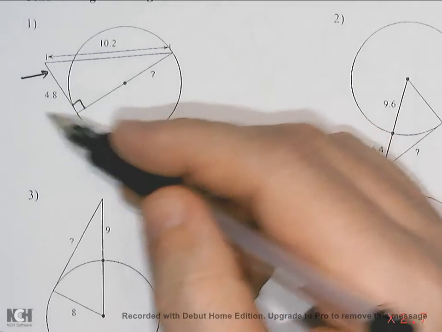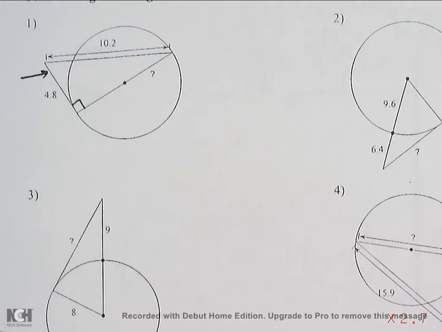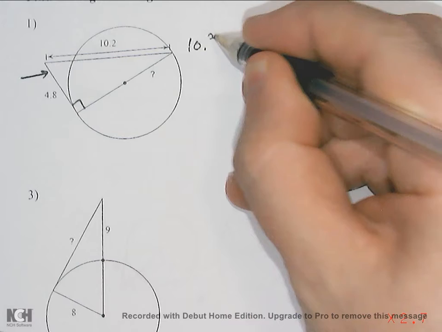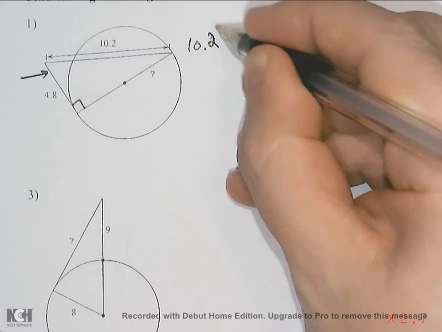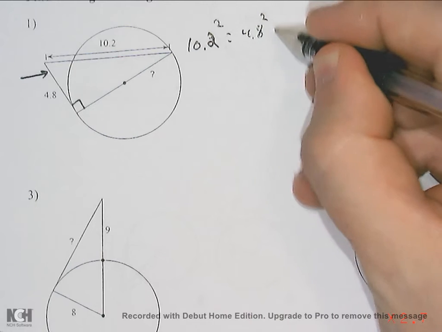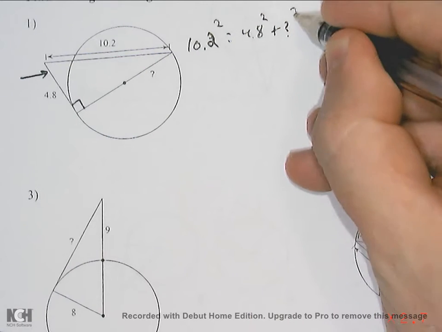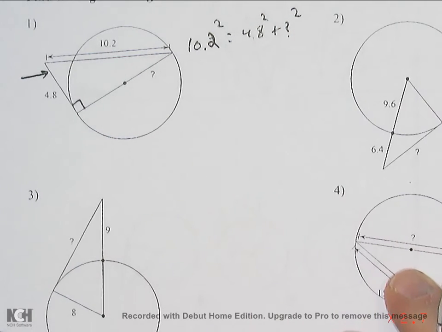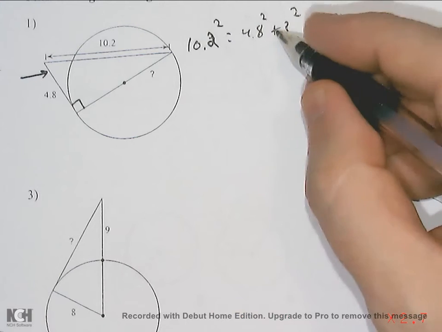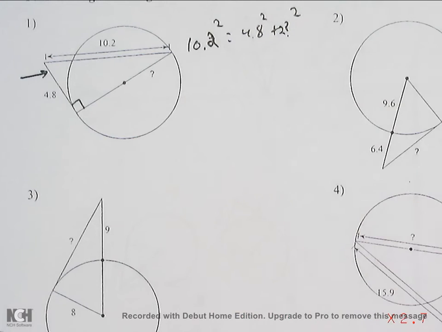So we are going to set this up like this. 10.2 squared is equal to 4.8 squared plus question mark squared. Okay? But it's not actually question mark squared, because it would be 2 times question mark squared.